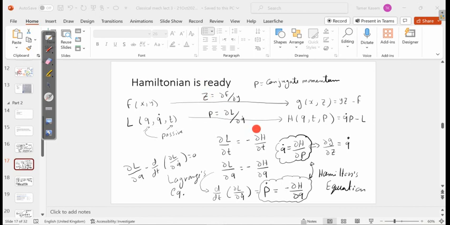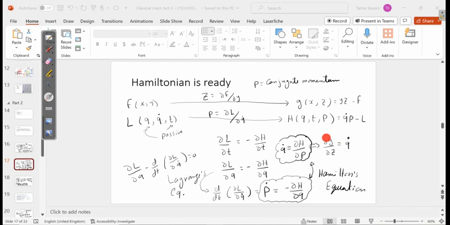Now for P equal to partial L by partial Q dot, this is the definition. Okay, but again, if you remember, Y was equal to partial G by partial Z. So Y here is Q dot, G is H, and Z is P. So Q dot is equal to partial H by partial P. Okay, I believe this is clear enough.